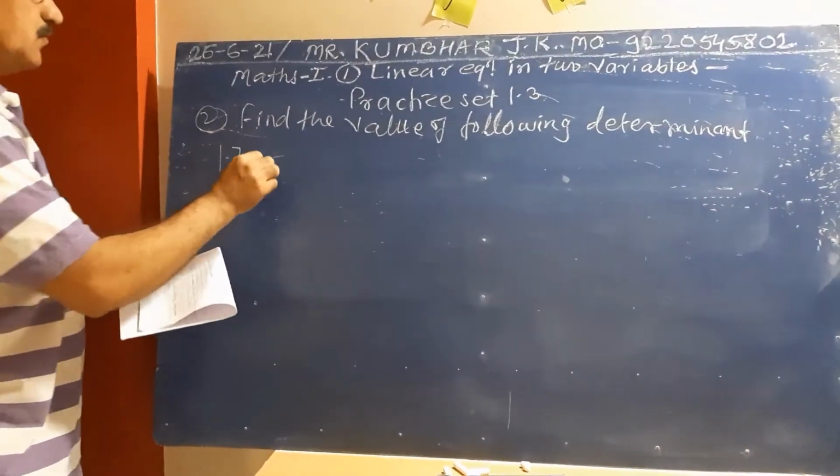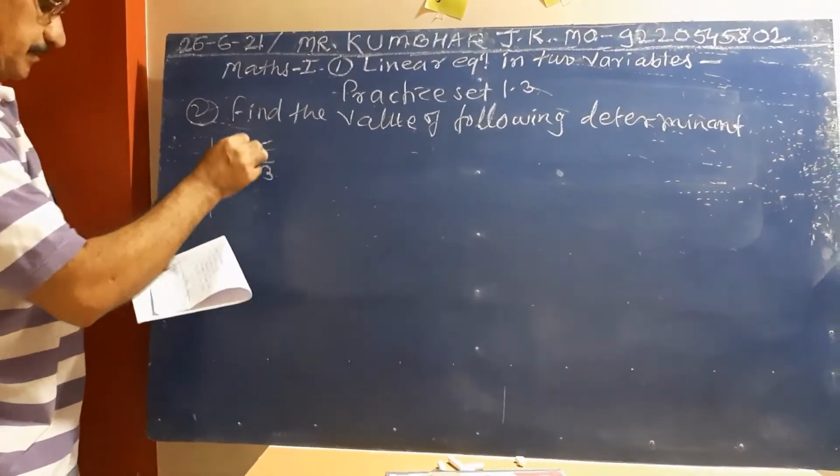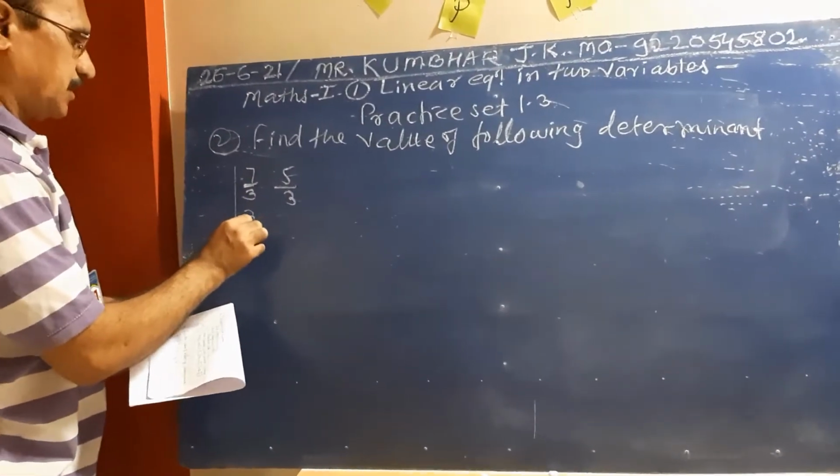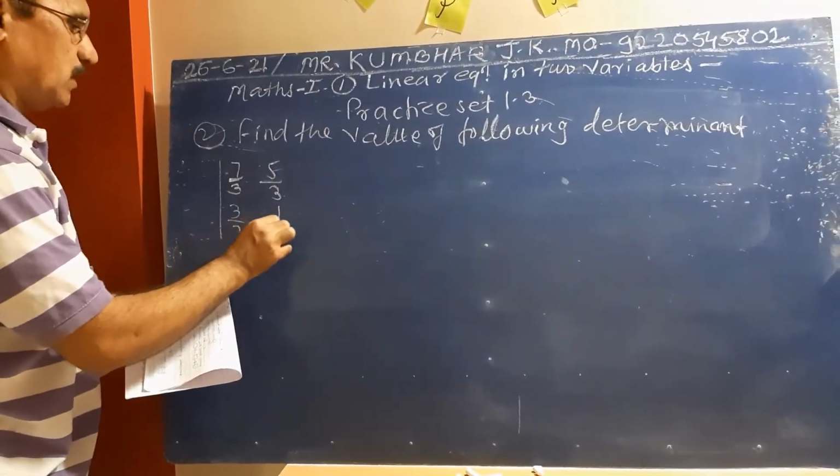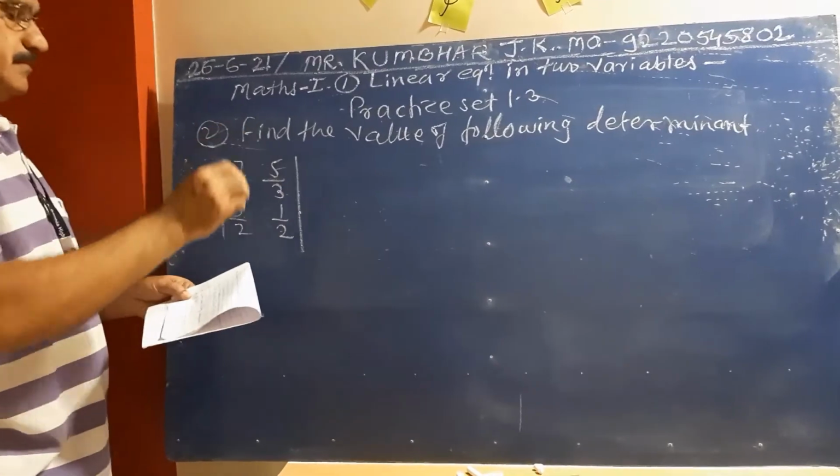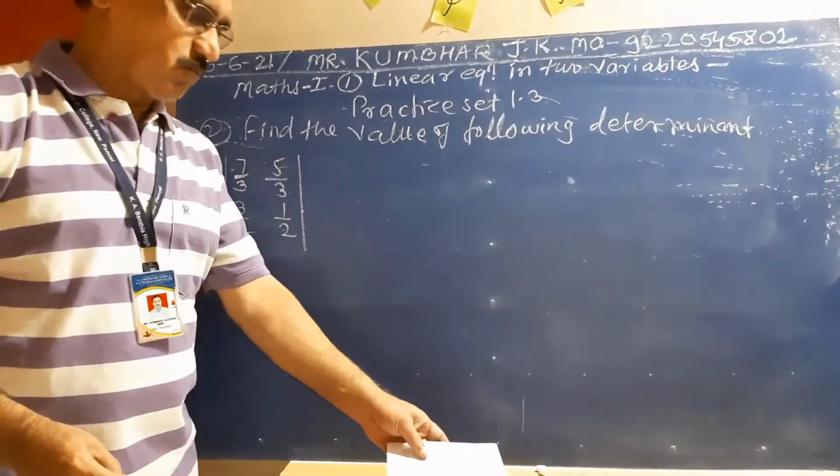In the determinant, 7 upon 3, 5 by 3, 3 by 2 and 1/2. These are fractions, no problem.